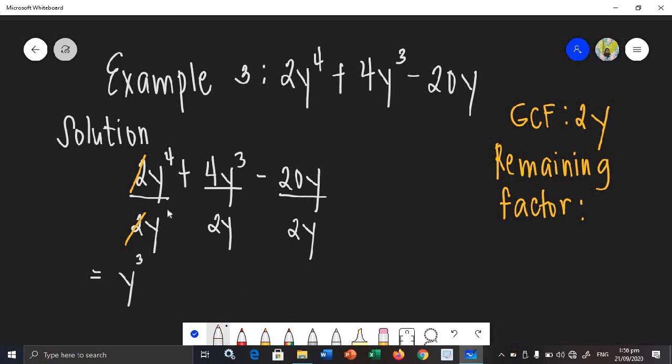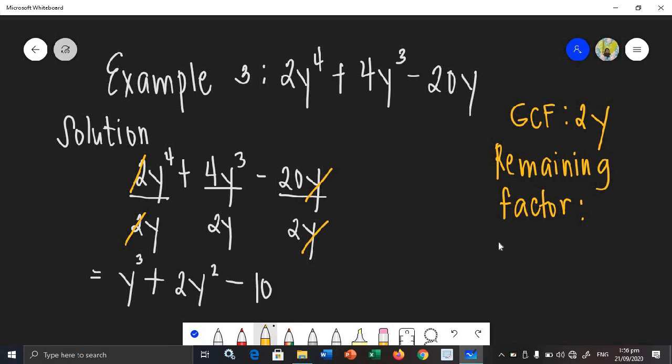Ma-minus nyo lang anak yung exponent. Kapag wala siyang exponent, automatically, the exponent is 1. Okay, the invisible 1. Plus, so 4 divided by 2, that is 2. Y cubed divided by y, that is y to the 2nd power, minus, I'm just copying the operational signs, okay? So 20 divided by 2, that is 10. Y will be cancelled.